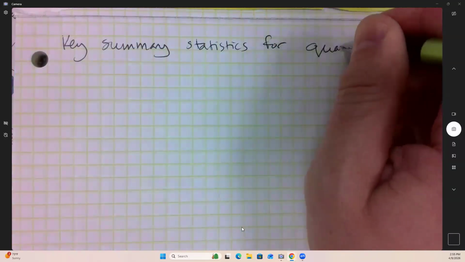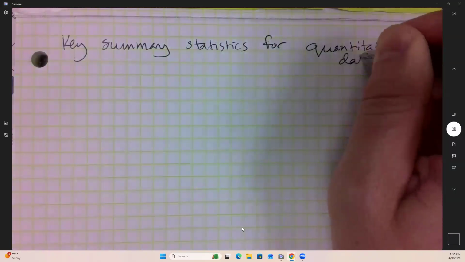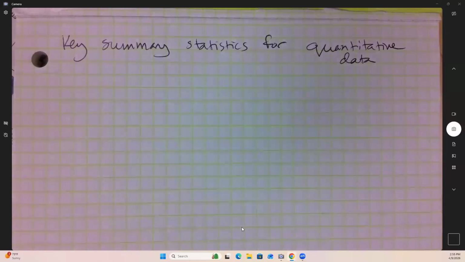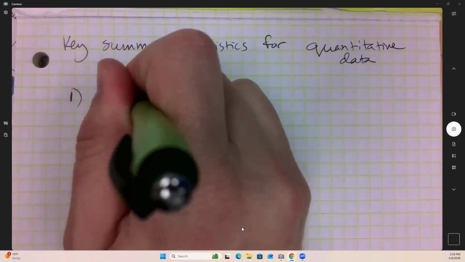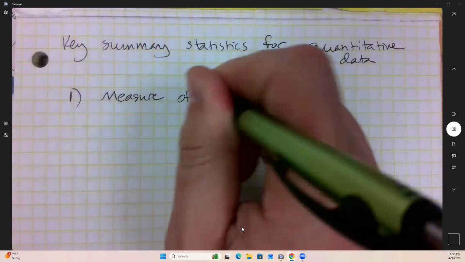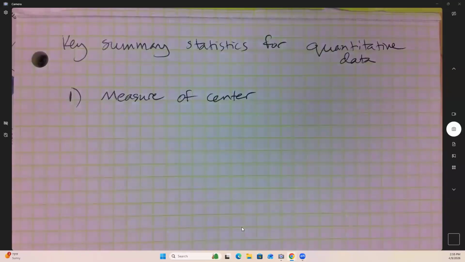So, key summary statistics for quantitative or numerical data. Probably the most important is measuring the center. So, a measure of the center, and there are two that we consider.